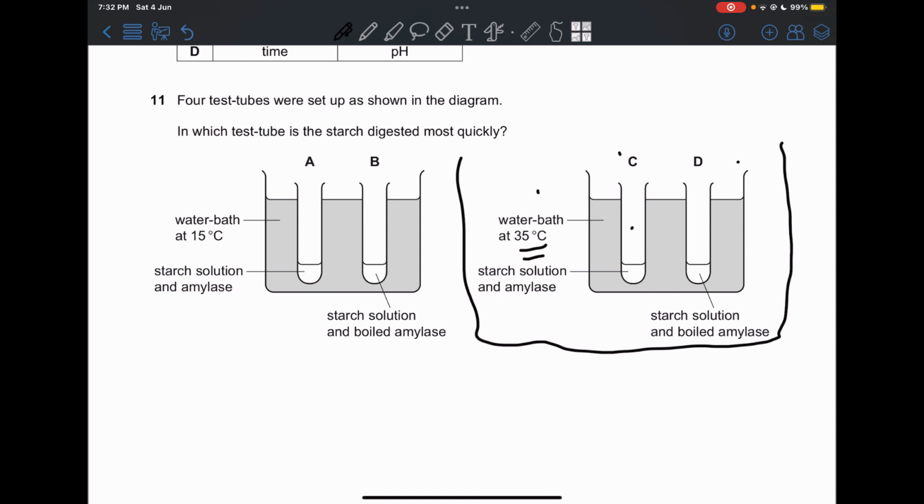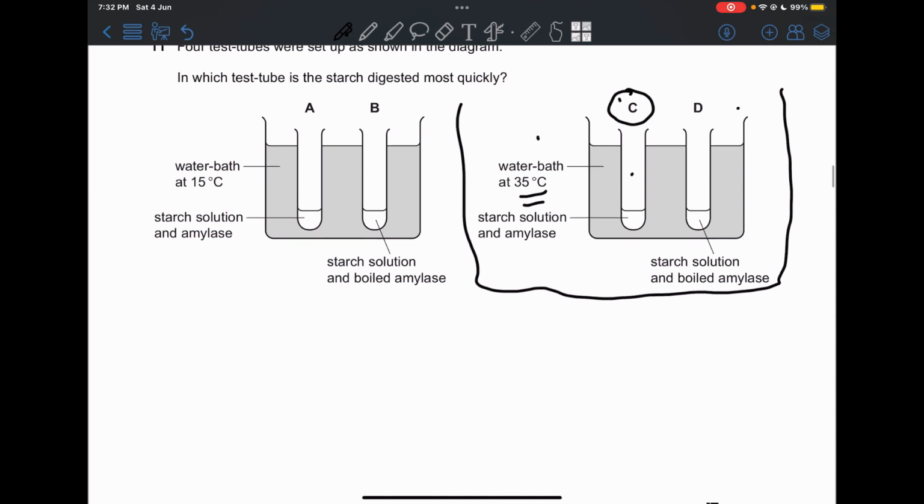Now, if the amylase enzyme is boiled, that means it's denatured. So the active site changed and the substrate no longer fits into the enzyme active site. So this will not work and the starch will not be digested. So we're going to be choosing C for our answer.